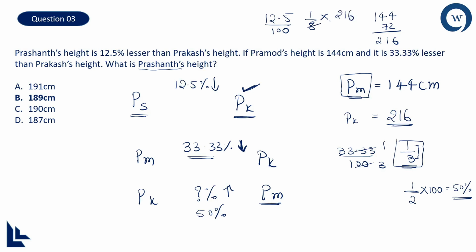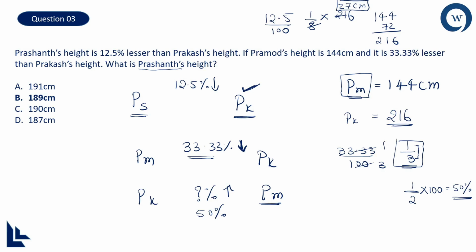So 8 2s are 16 and 5 goes here, 8 7s are 56, and this much centimeter lesser compared to Prakash's height. So Prashant's height is 27 centimeter lesser compared to Prakash's height.